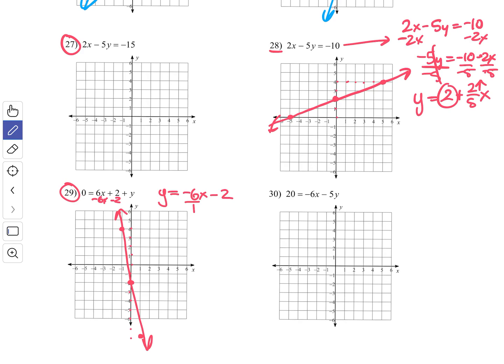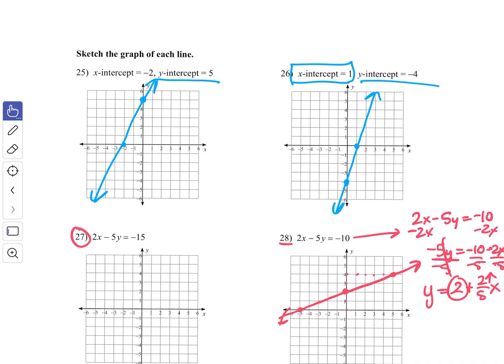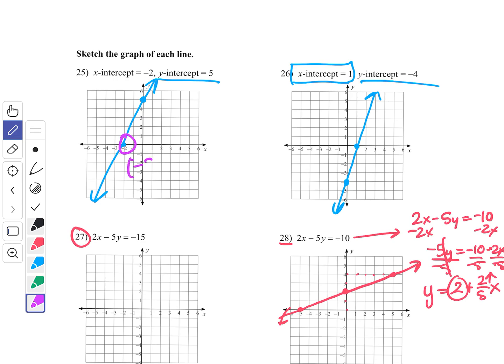The other way to do it is to recognize there's a concept going on here. For the x-intercept, that point would be negative 2, 0, or 1, 0. Basically, the y value is always 0. Same with the y-intercept. That would be 0, 5, or 0, negative 4. In that case, for the y-intercept, the x is always 0. So I use that concept.